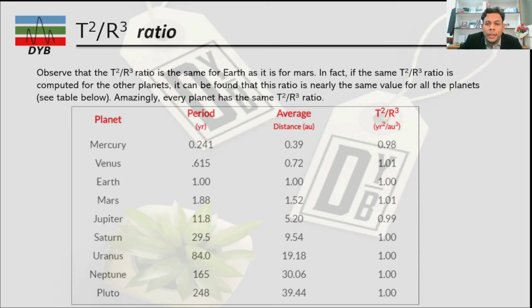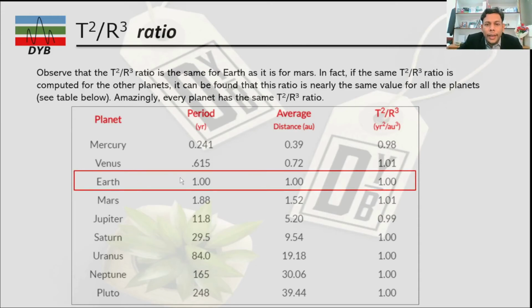Let's start with the Earth. Earth has a period of 1 year. It takes 1 year to revolve around the Sun, and the distance, in astronomical units, is also 1. When we divide these two using T squared over R cubed, the answer is 1. So the ratio is equal to 1.